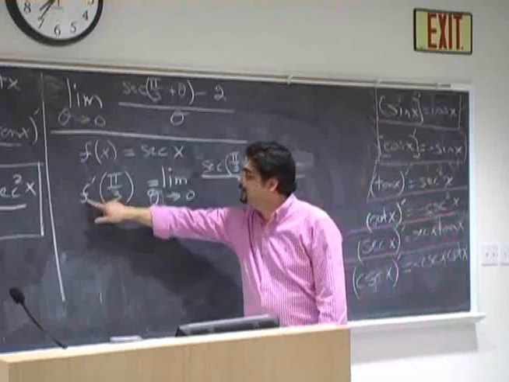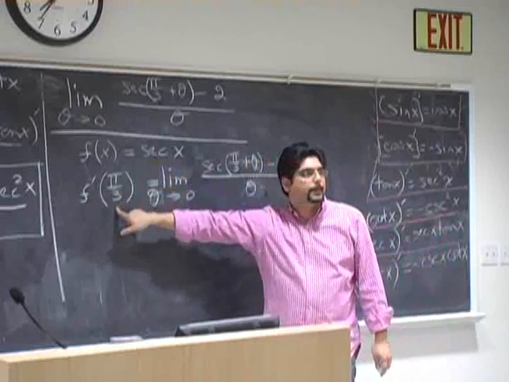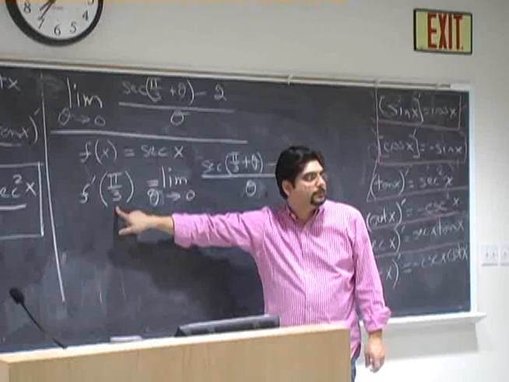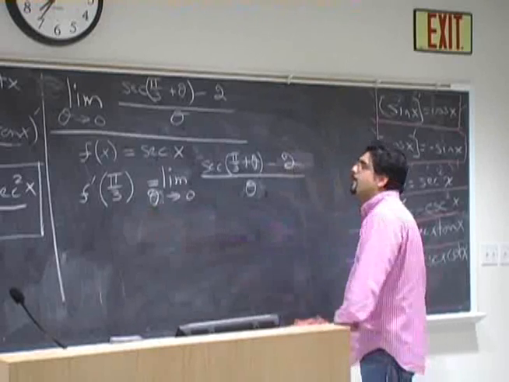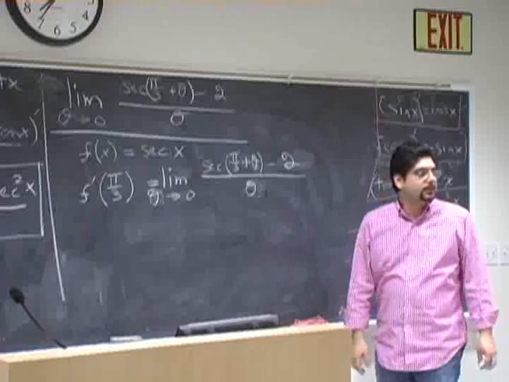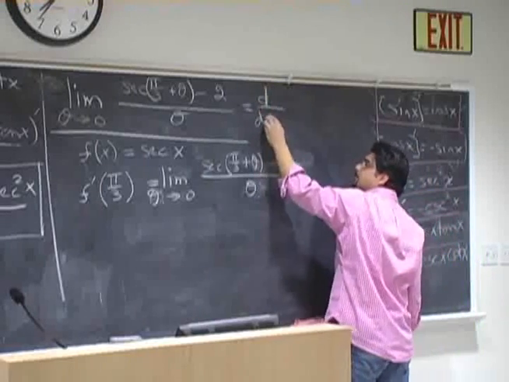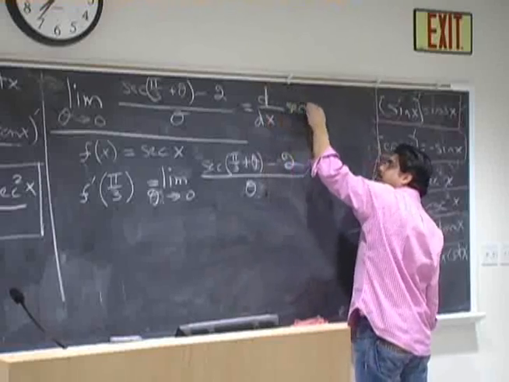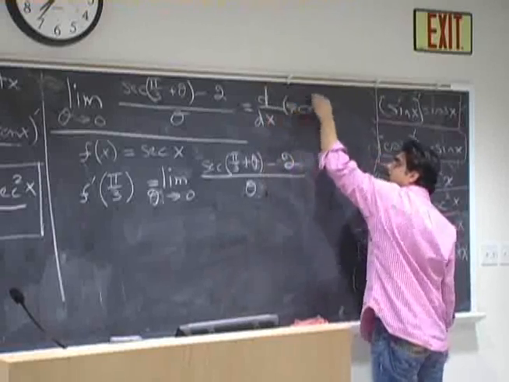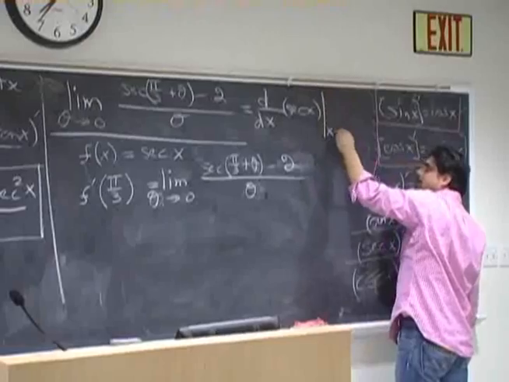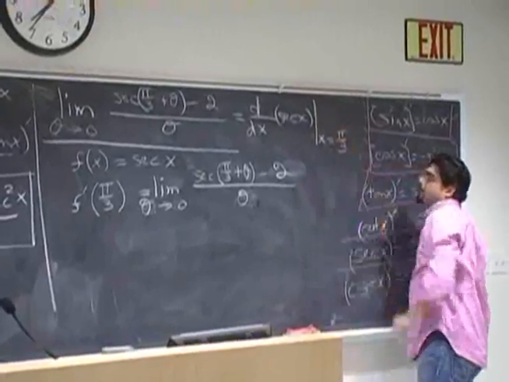This limit is the derivative of this function at pi over 3. Okay? Do you see what I'm talking about? So this is the derivative of this function, right? When x is pi over 3.